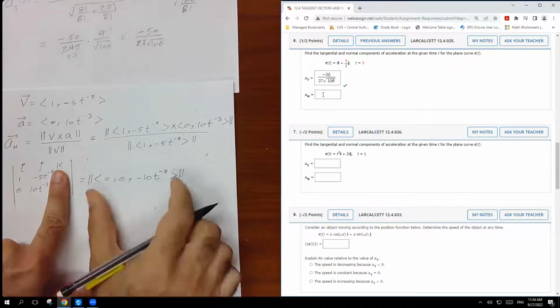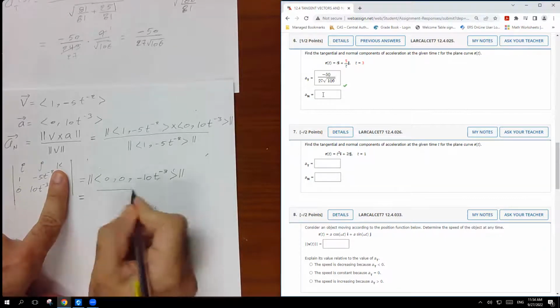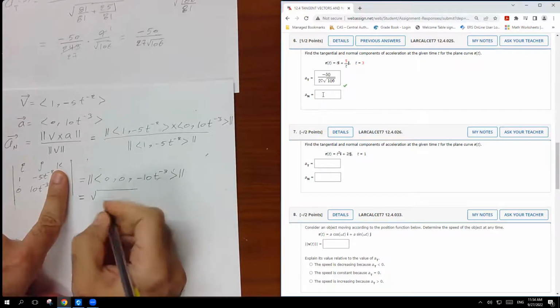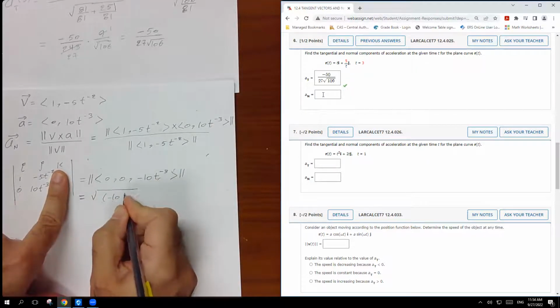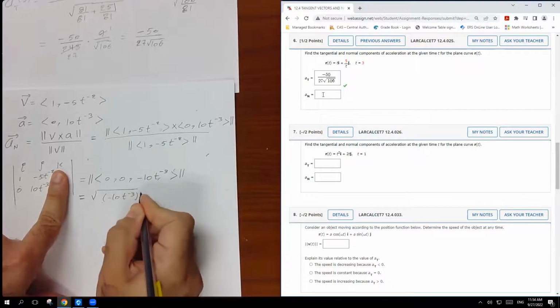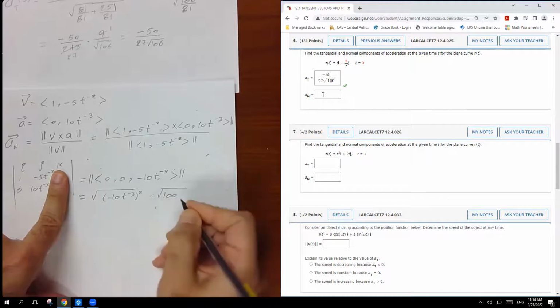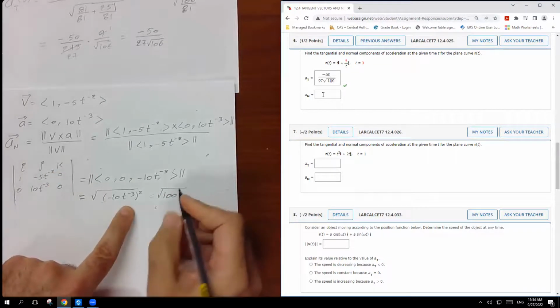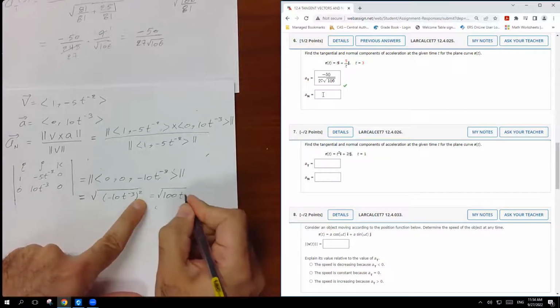Then the length for this one is going to be the square root of 0, 0, negative 10 T negative 3 squared, which is going to be square root of 100 T squared.